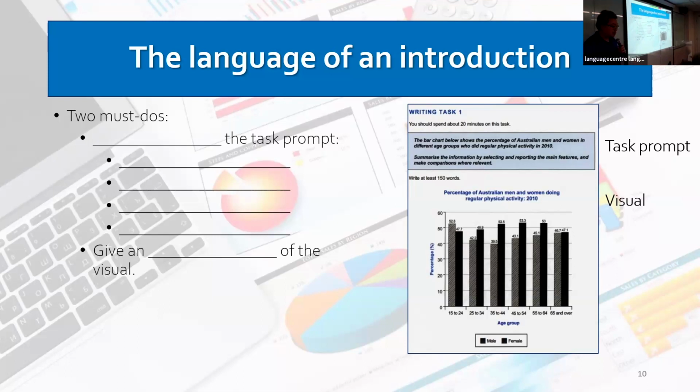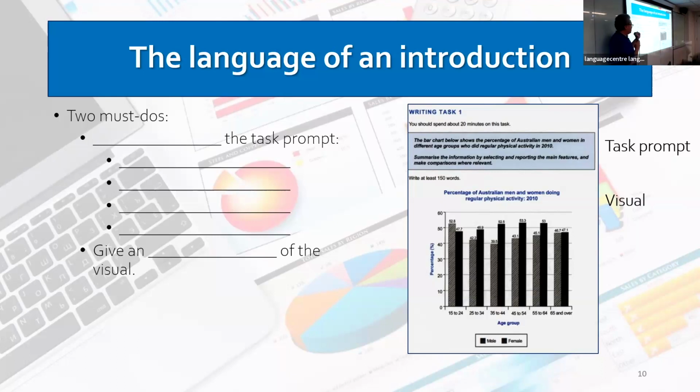Number one, can you guess what we have to do with the task prompt? Read and analyze. Yes, this is very important. We need to read the task prompt and analyze what we have to do here.